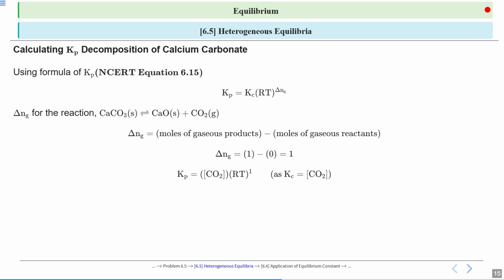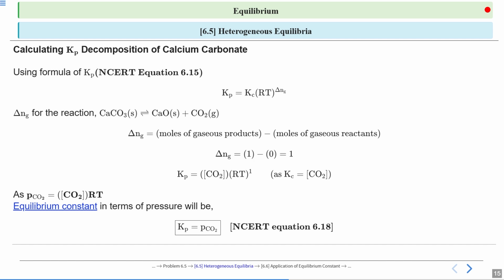So this is our general equation, Kp = Kc (RT)^delta Ng, and delta Ng is taken as 1. Now if you want to substitute the concentration term, we know that P is equal to CRT, so instead of C, we can write pressure of CO2 divided by RT. So we have done that same thing.